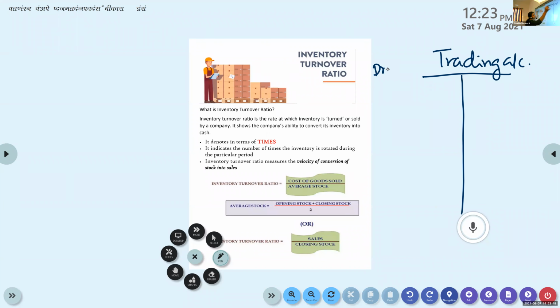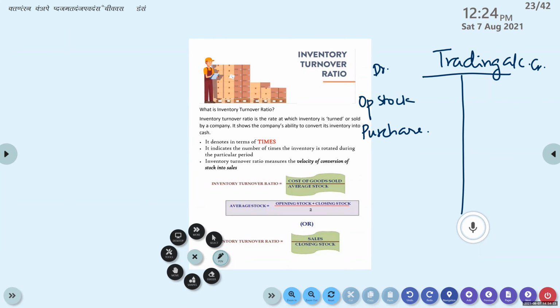So this is your trading account. We will have opening stock, purchase. Then what else on the debit side? Purchase return.